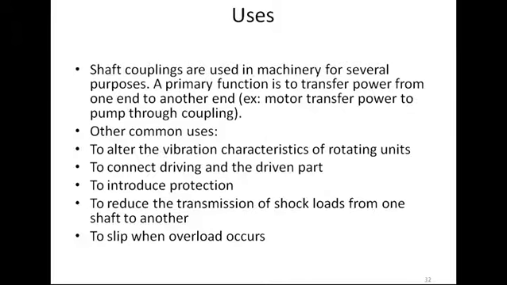Other common uses: to alter the vibration characteristics of rotating units, to connect driving and driven parts, to introduce protection, to reduce the transmission of shock loads from one shaft to another, and to slip when overload occurs.